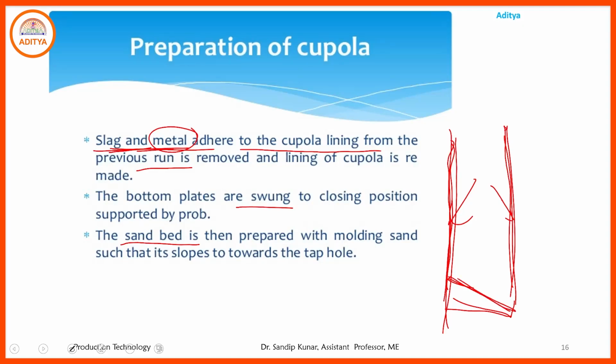Because when molten metal comes to the well zone, it easily goes out through the tap hole. That's why we provide the slope in the cupola furnace, made using molding sand.